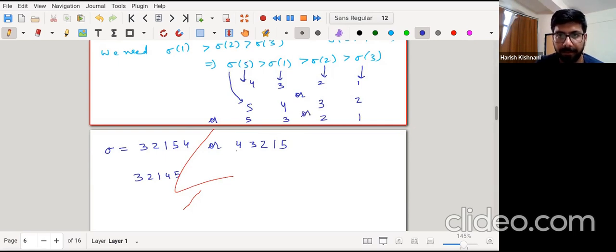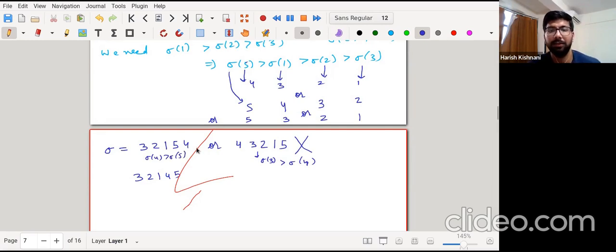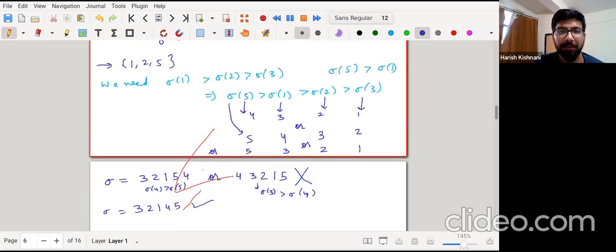In the other cases these are not possible because sigma 3 is greater than sigma 4, and sigma 4 is greater than sigma 5. We don't want 4 and 3 to be included in the set of cyclic descents. So sigma equal to 3, 2, 1, 4, 5 is the correct permutation for which you get 1, 2, 5 as the set of cyclic descents.